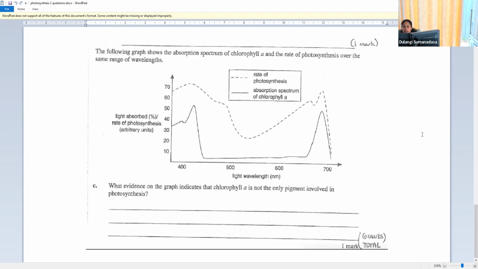So there have to be other pigments absorbing at different wavelengths. As an example, if you take just chlorophyll A, you can't have a higher amount of output in this section, right?